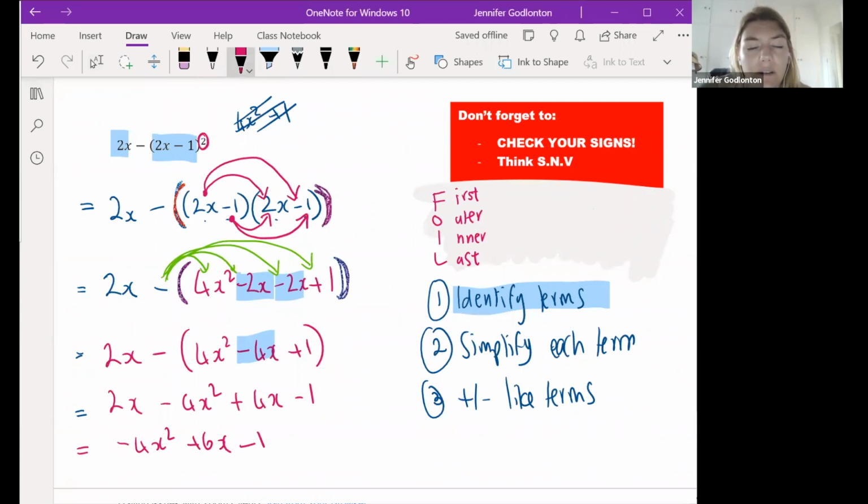Yes, ma'am. The only reason we do that, guys, is to make sure we don't fall for the trap of just saying 4x squared plus 1. If you feel comfortable going straight from there to that step, that is absolutely okay. You're welcome to do that. No, we can't simplify this last step anymore because there's no more like terms for me to add or subtract. So we can't do anything more with it.